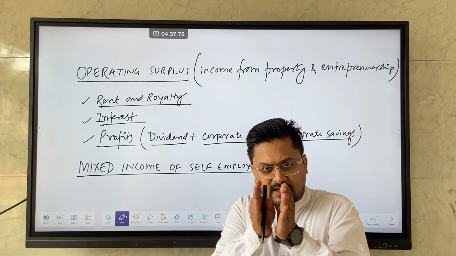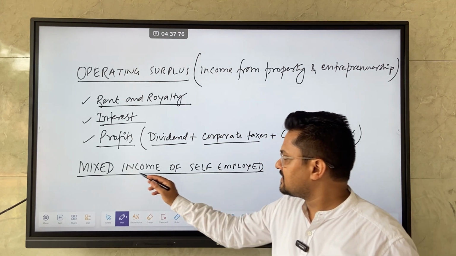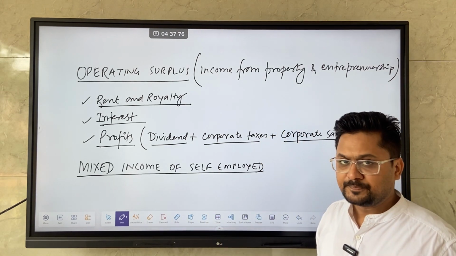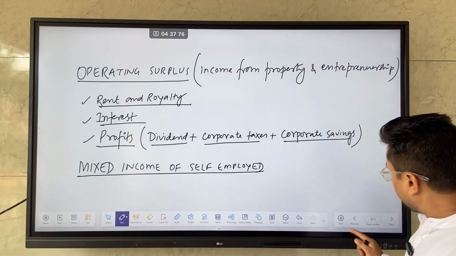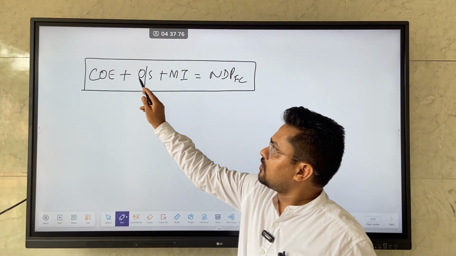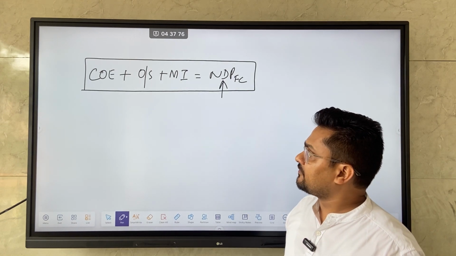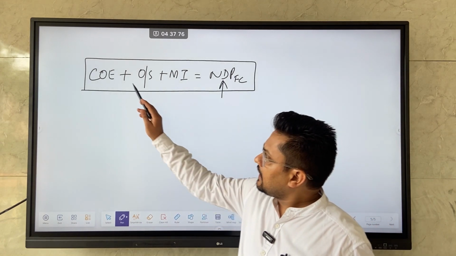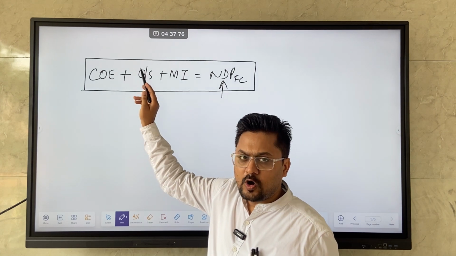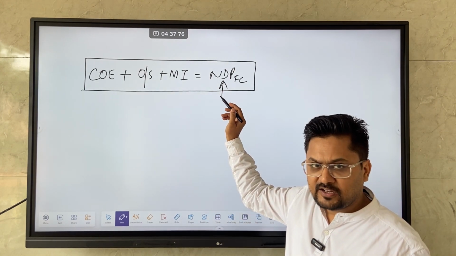Whenever the income he receives is in a mixed form, it is known as mixed income of self-employed. On adding all these components, that is compensation of employees, operating surplus and mixed income, we arrive at NDP at factor cost.